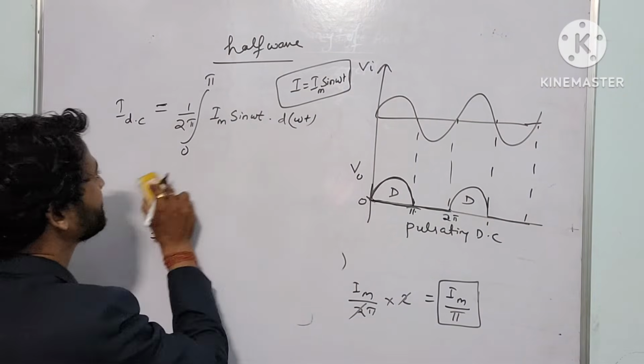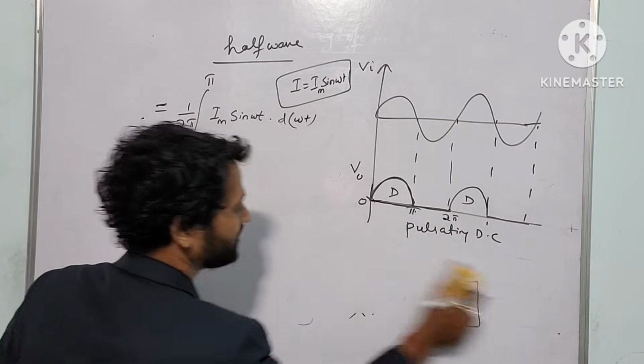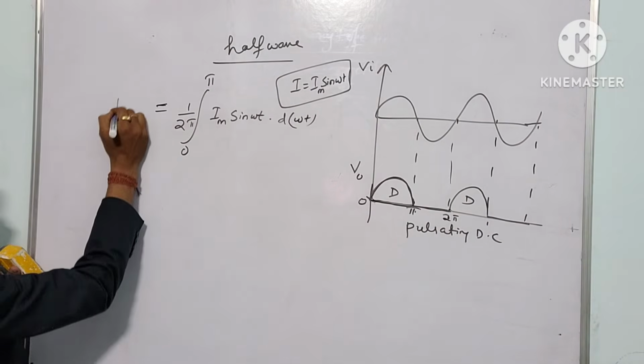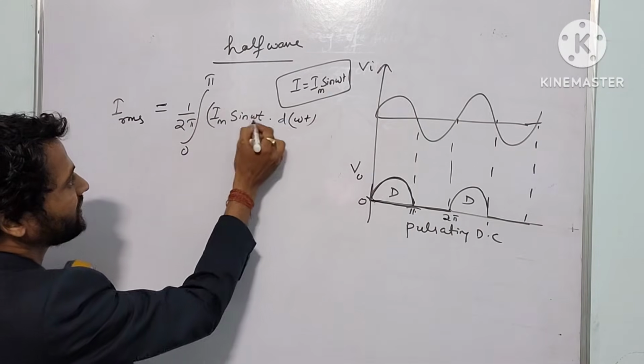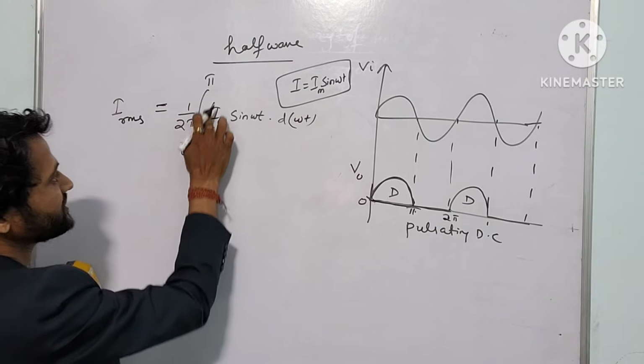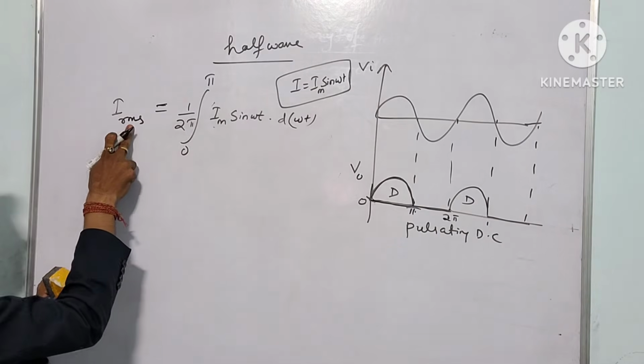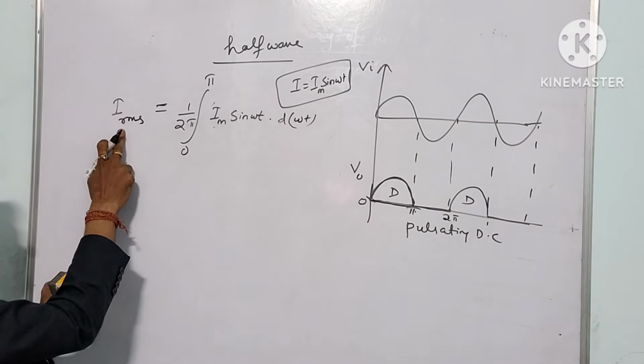Similarly, to find out the IRMS, what will we do? RMS means root mean square. So we have to take the square of that function first, then we'll take the mean, and then we'll take the root.